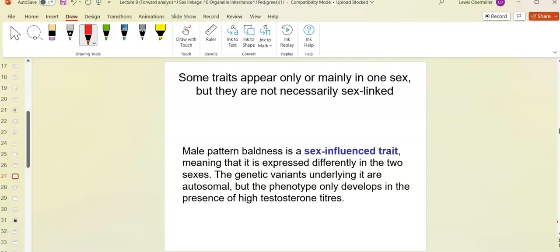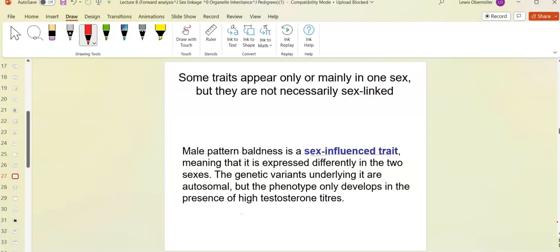All right, so there are things called sex-influenced traits that aren't necessarily sex-linked. Male pattern baldness is one of those things. It is expressed differently in males and females. There is some genetic variance, but it's probably more autosomal than linked to the X or the Y, the sex chromosomes.